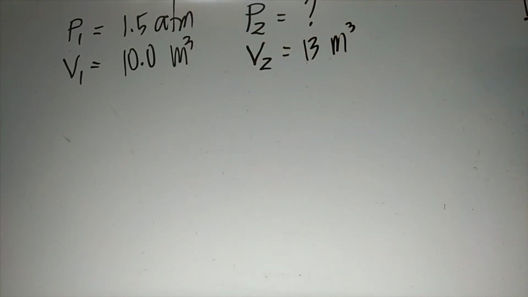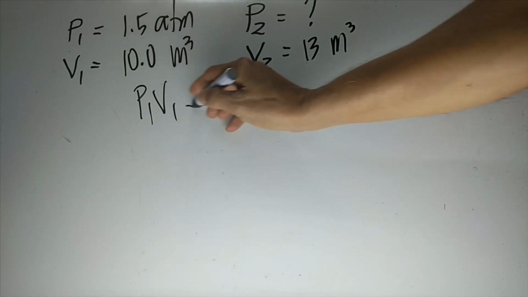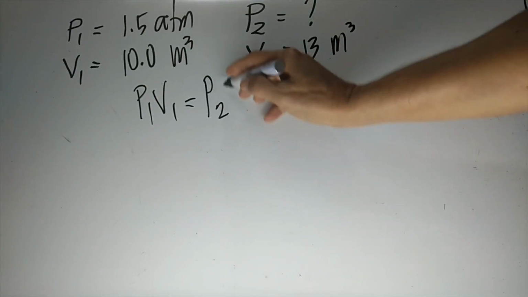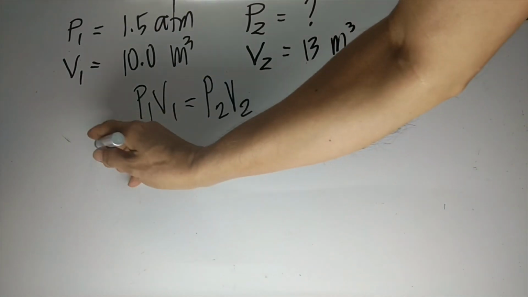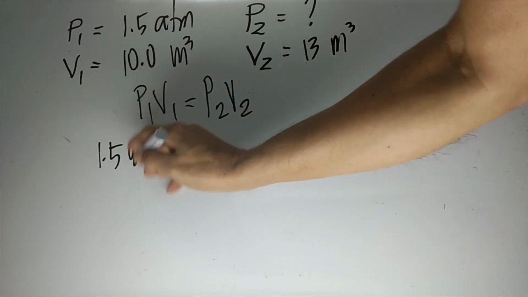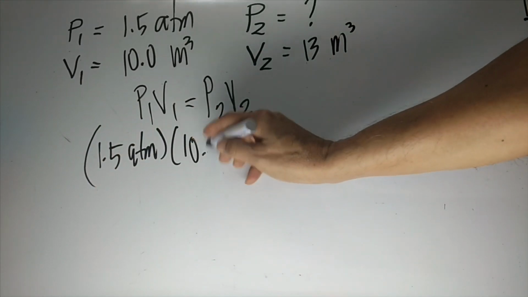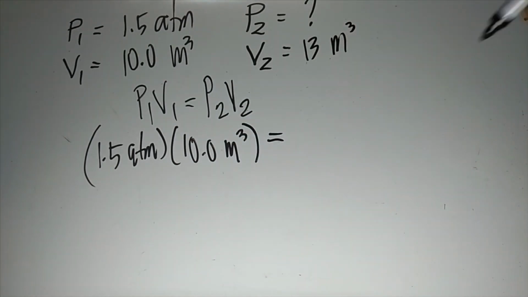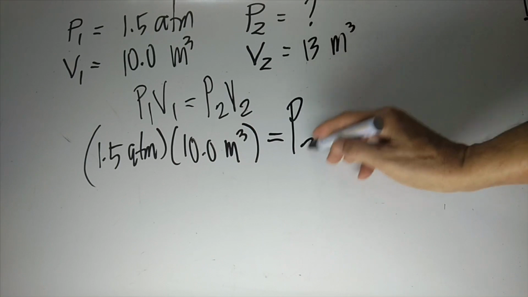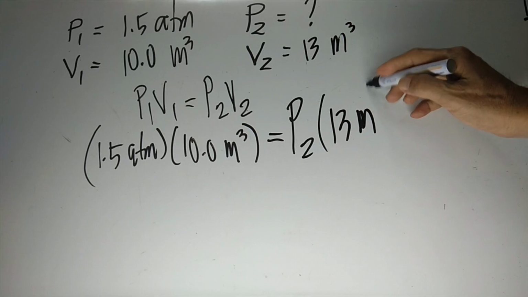Using the formula for Boyle's law, P1 V1 is equal to P2 V2, and then substitute all the values to the formula. This becomes 1.5 atmosphere times 10.0 cubic meter is equal to, the pressure is unknown, times 13 cubic meter.